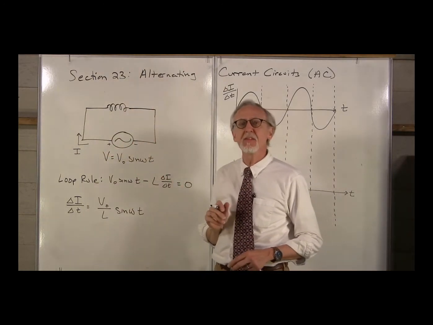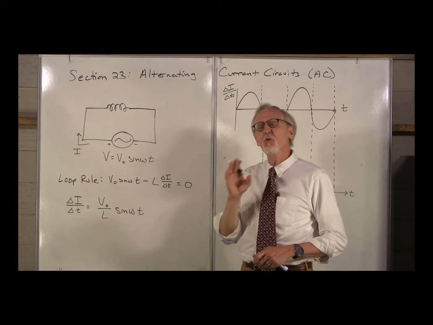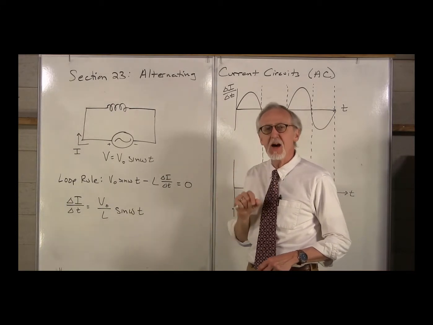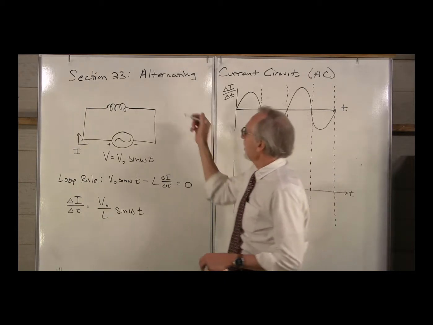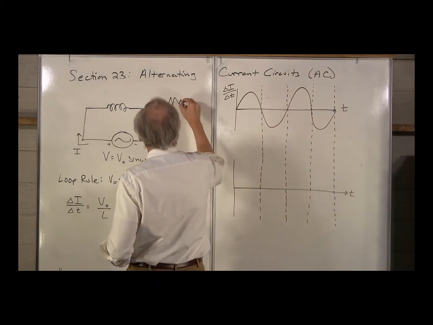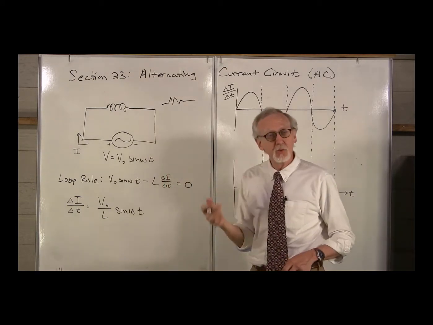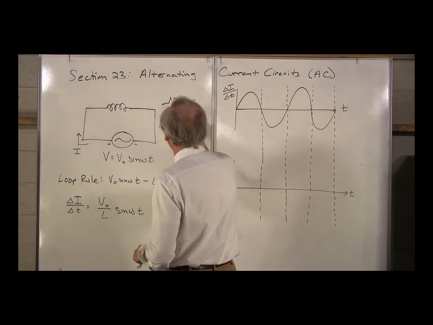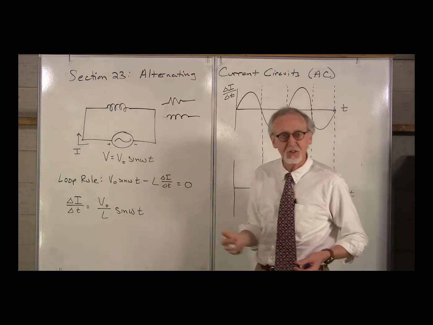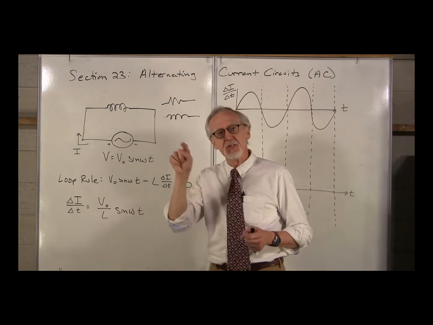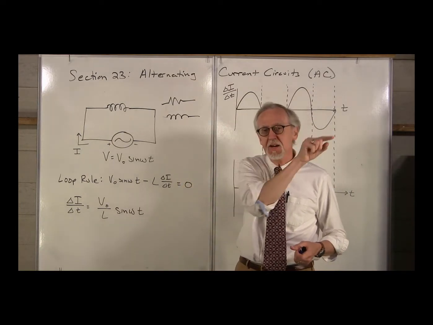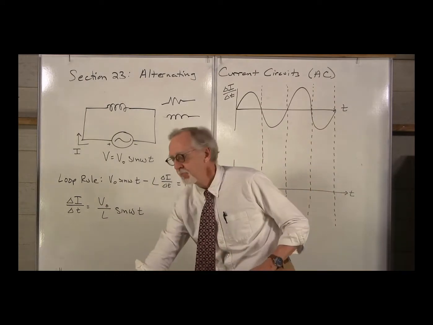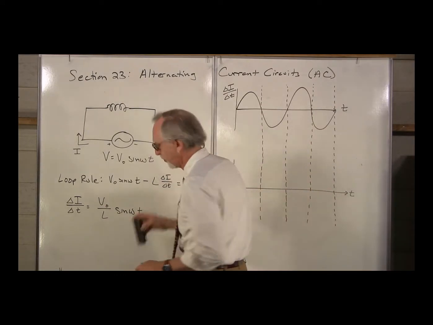When you're drawing the symbol for an inductor, make sure it's nice and curly, and not just quickly up and down sharp points. If you do that, then it looks more like a resistor. Likewise, when you draw a resistor, make sure you make it nice and sharp and not too sloppy, because then it looks more like an inductor. So, a resistor has nice sharp points and straight lines, and an inductor has kind of curly lines that overlap each other a little bit. There we go. So there's the inductor.